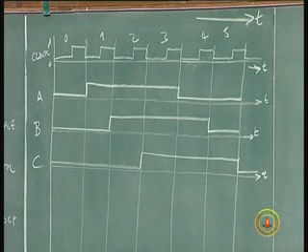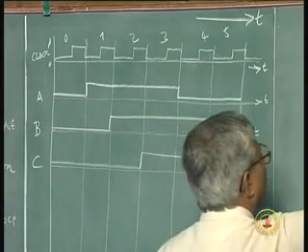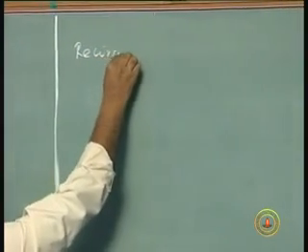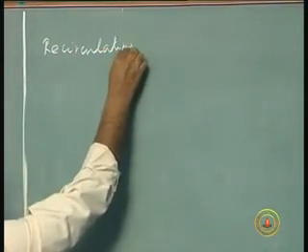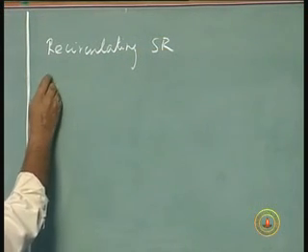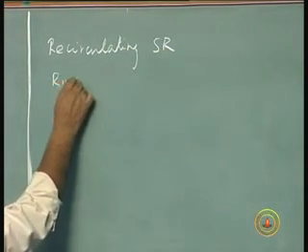But this counter is slightly different from the ring counter. It's called the twisted pair ring counter. So we have, let us say, recirculating shift registers, the ring counter.